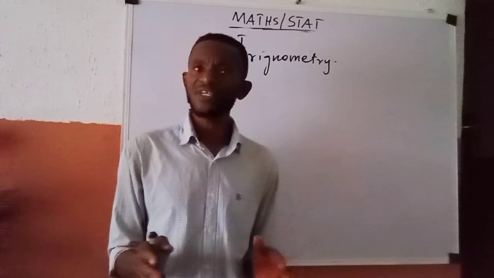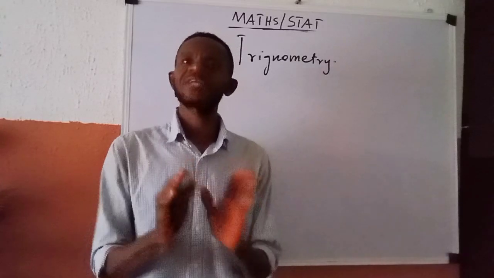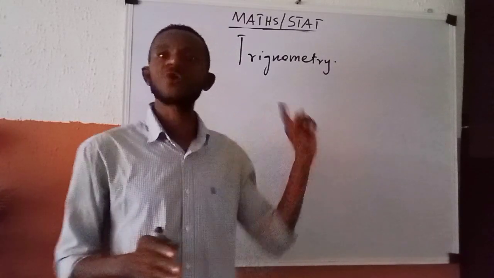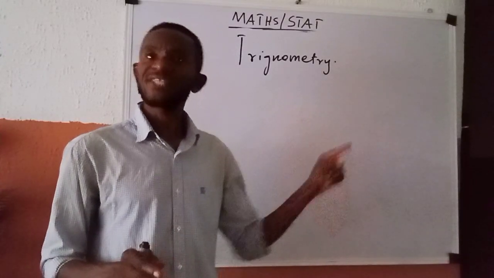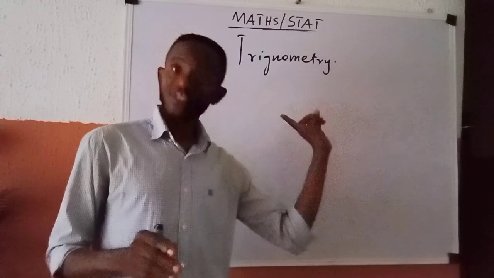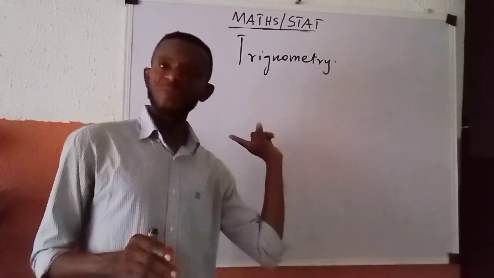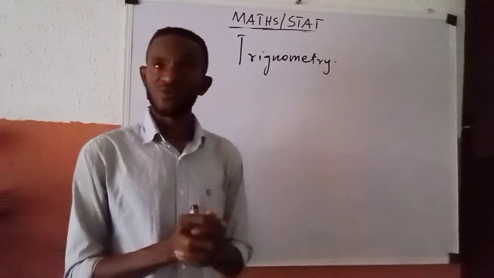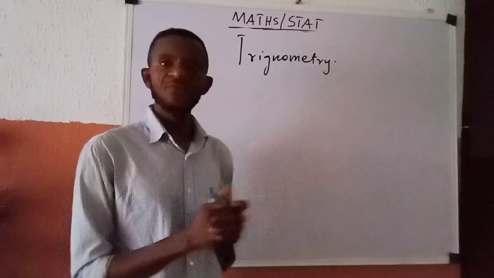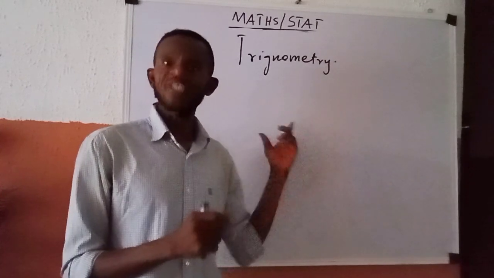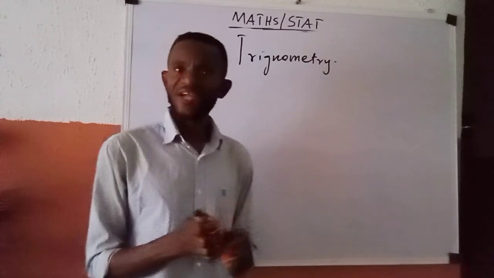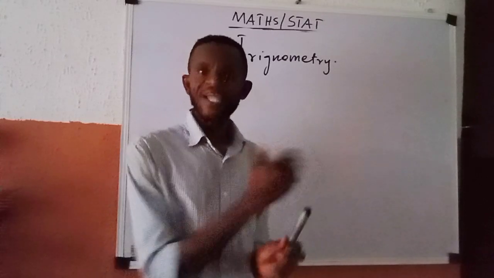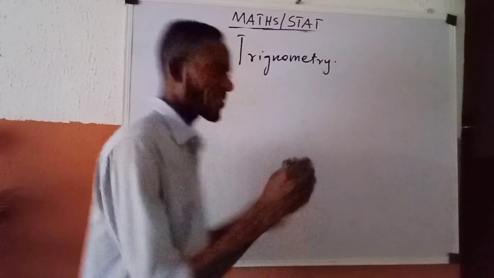So the question is, what is a right angled triangle? This concept studies the length of its sides in relation to the angles subtended by the triangle. So we give a sketch of what is meant by a right angled triangle. A right angled triangle can be drawn like this.